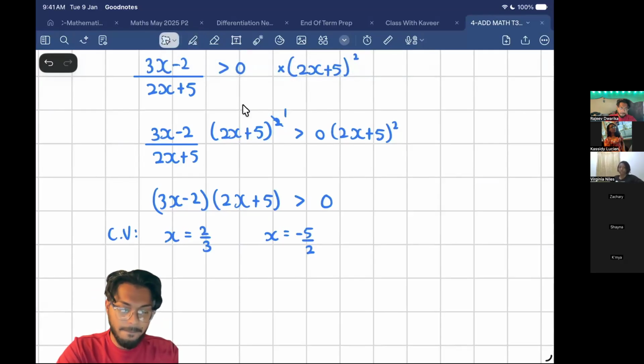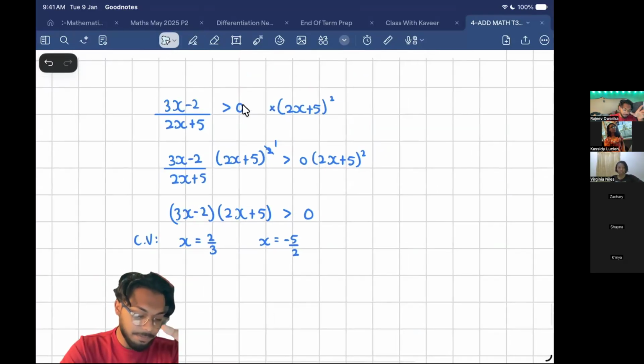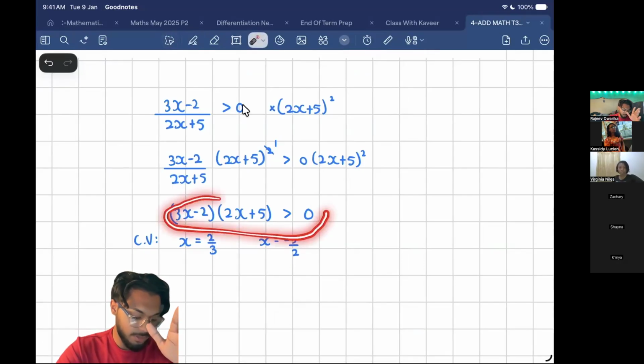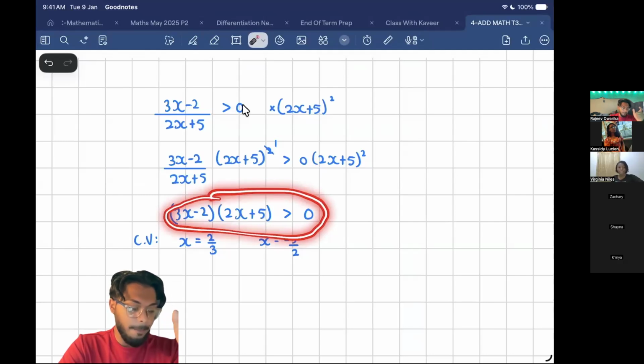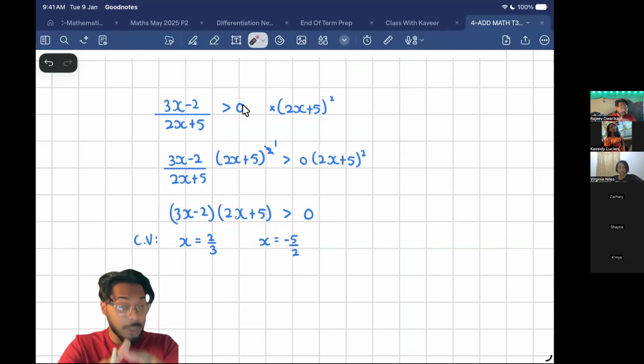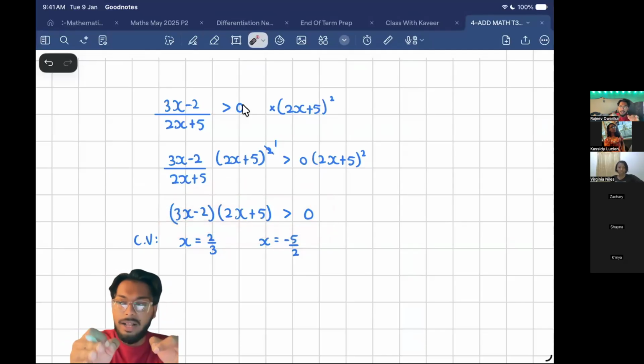But I have a question. Isn't it not equal to -5/2 because of the denominator? It's not. What I'm doing right now, Virginia, is I multiplied both sides by (2x + 5)^2, and I ended up with this. I'll graph this, and then I'll put some domain restrictions to make sure the function isn't undefined anywhere.